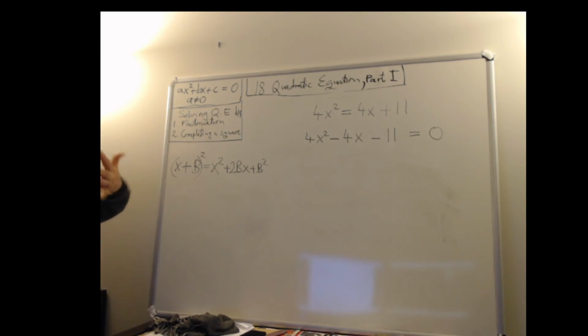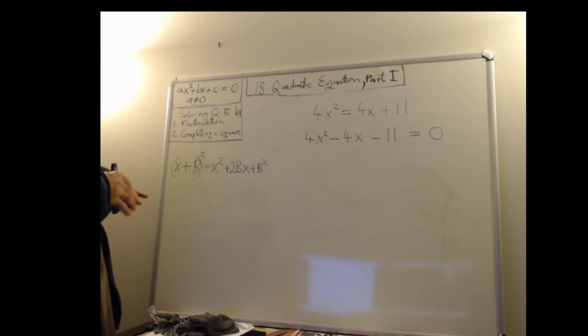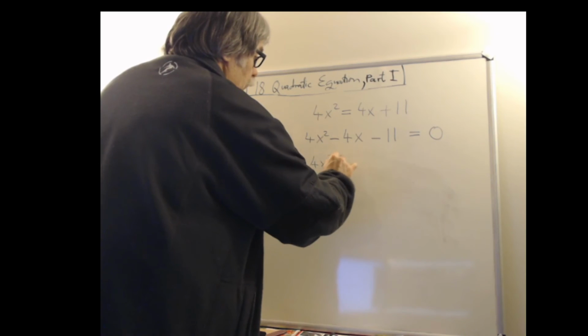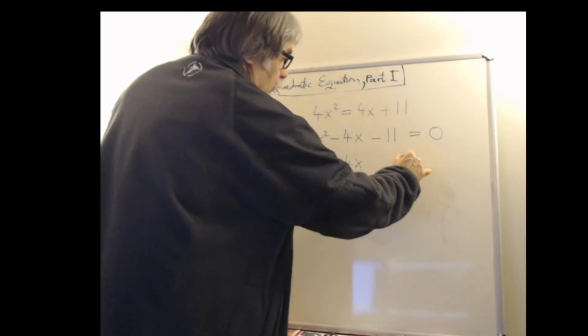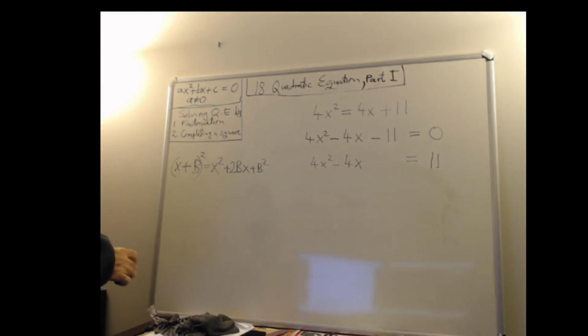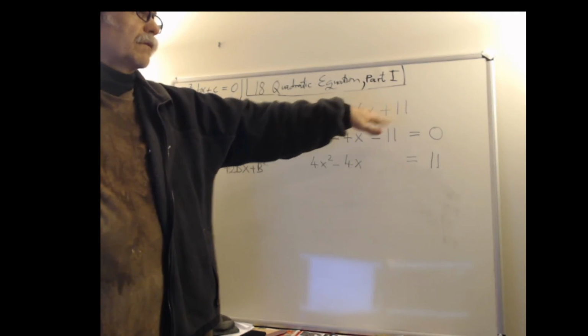Okay, so how is that going to work? The same thing I was doing moments ago. You're going to leave the x's on one side, which means you bring that 11 on the other side. If I was following my intention right from the beginning, I would not move this one on the other side.